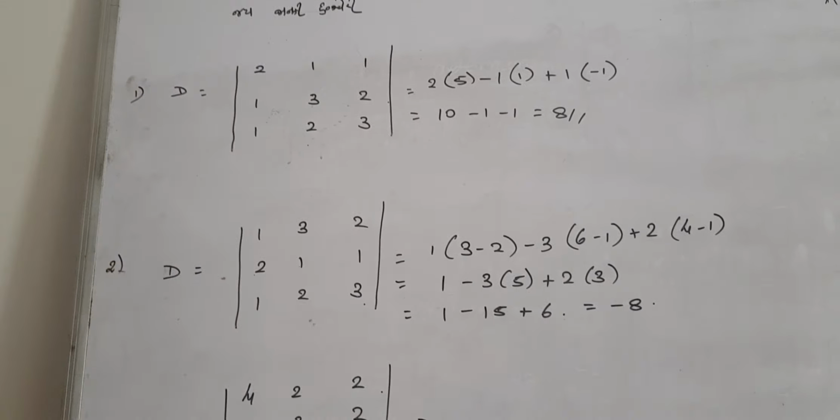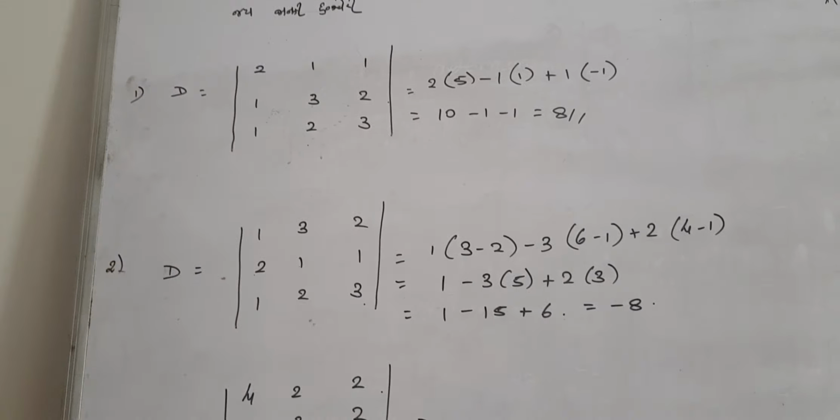So it should be 20 minus 2 minus 2. 5 4s are 20 minus 2 into plus 2, sorry. Minus 2. So that should be 16. Understood? 20 minus 4 is 16.